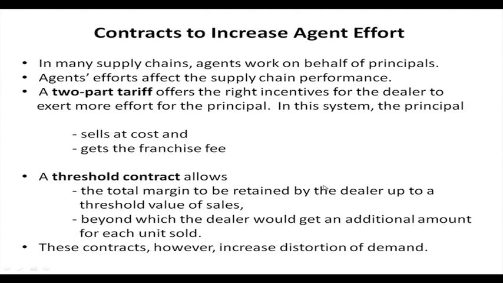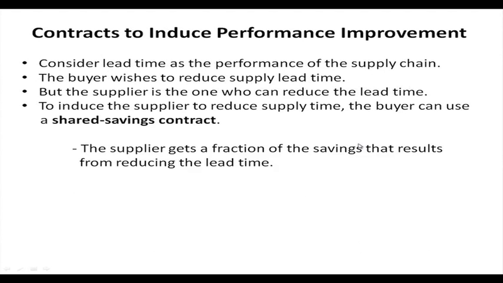So, there is a motivation for him to go beyond it, because then he gets an additional amount. So, this is an incentive for the dealer to go beyond the minimum threshold value. This, however, increases the distortion of demand.